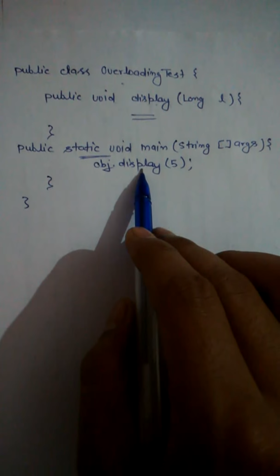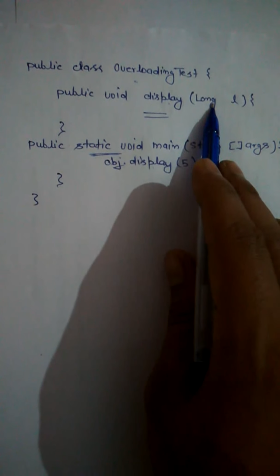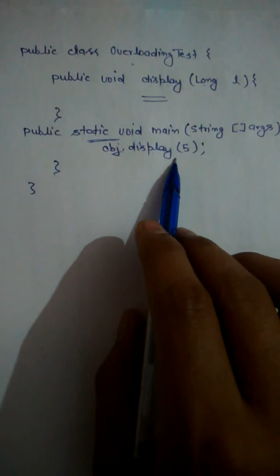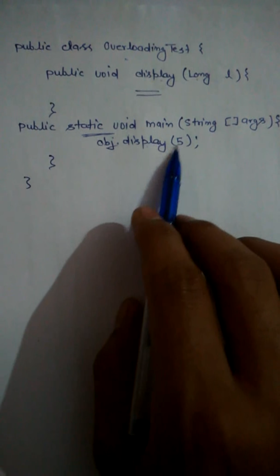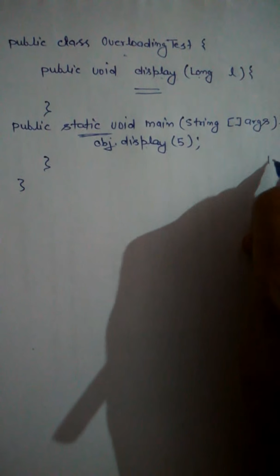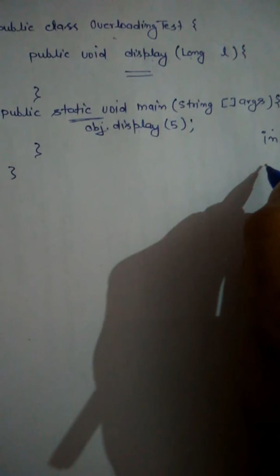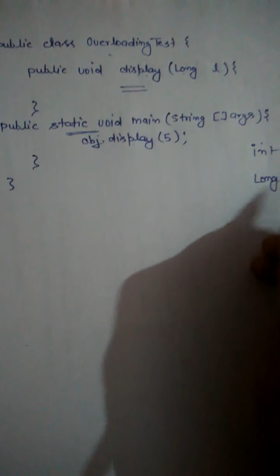Here the method which I have declared is accepting the reference type Long, but I am passing a primitive type integer. The parameter of the declared method is Long.